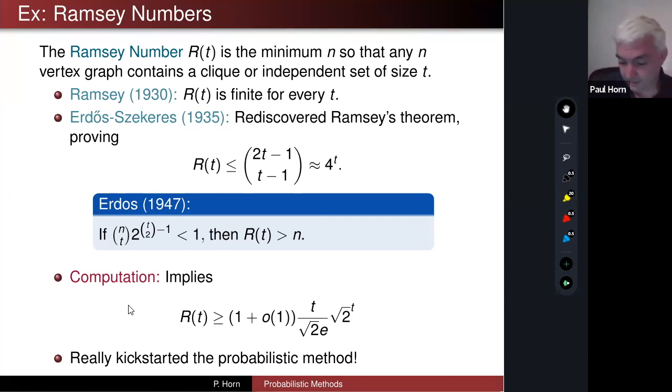Now, I should mention that this Erdős-Szekeres result is from the 30s, and this Erdős lower bound is from the 40s. And yet, despite the intervening 75-odd years, the improvements to both of these are extremely mild.